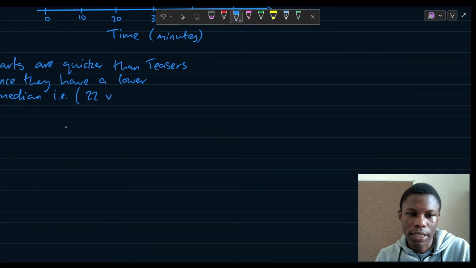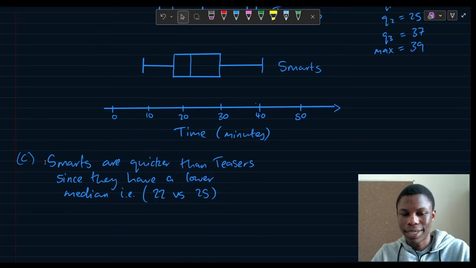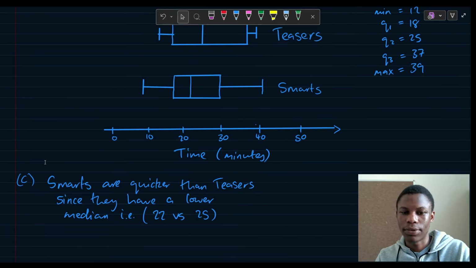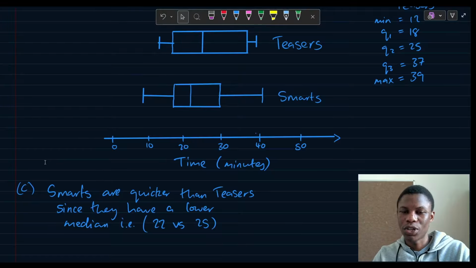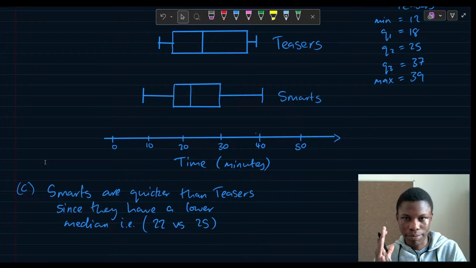So 22 versus 25. This is one comparison, and it deals with the central tendency of the data. Remember, your measures of central tendency are mean, median, and mode. So here we're using the median to explain our central tendency.